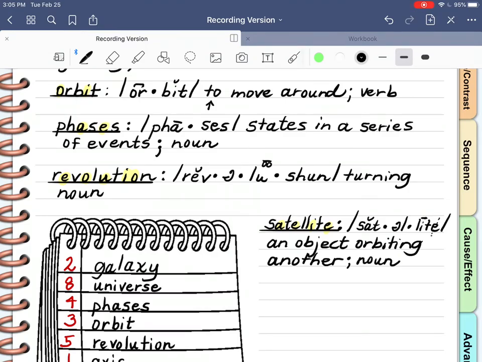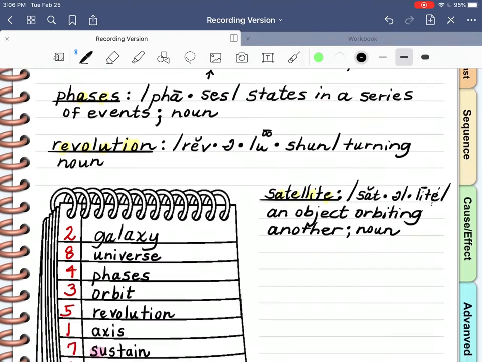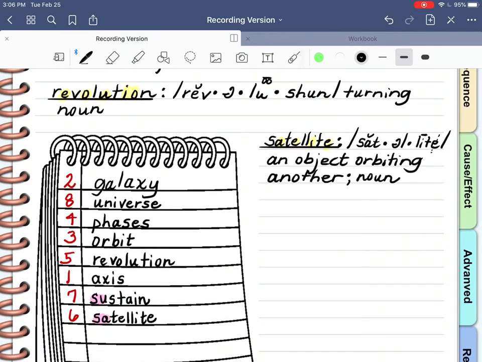So a satellite is an object that's moving around another object. Like the moon is a satellite of the earth. The earth is a satellite of the sun. So satellite is moving around. Okay, then we have sustain.